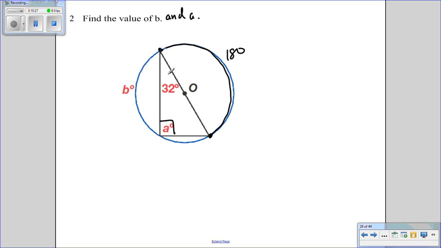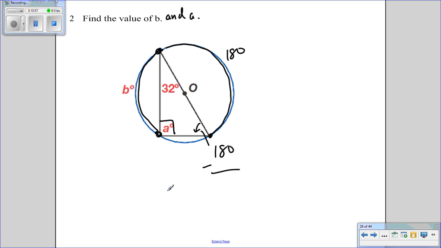Now this arc right here we're trying to find. This arc is intercepted by this angle. So if I know this angle, I can get that arc. For this angle right here, I'm going to use the triangle, and I know all triangles add up to 180, so we're going to go 180 minus, and we're going to add up 90 and 32 and subtract that from 180.